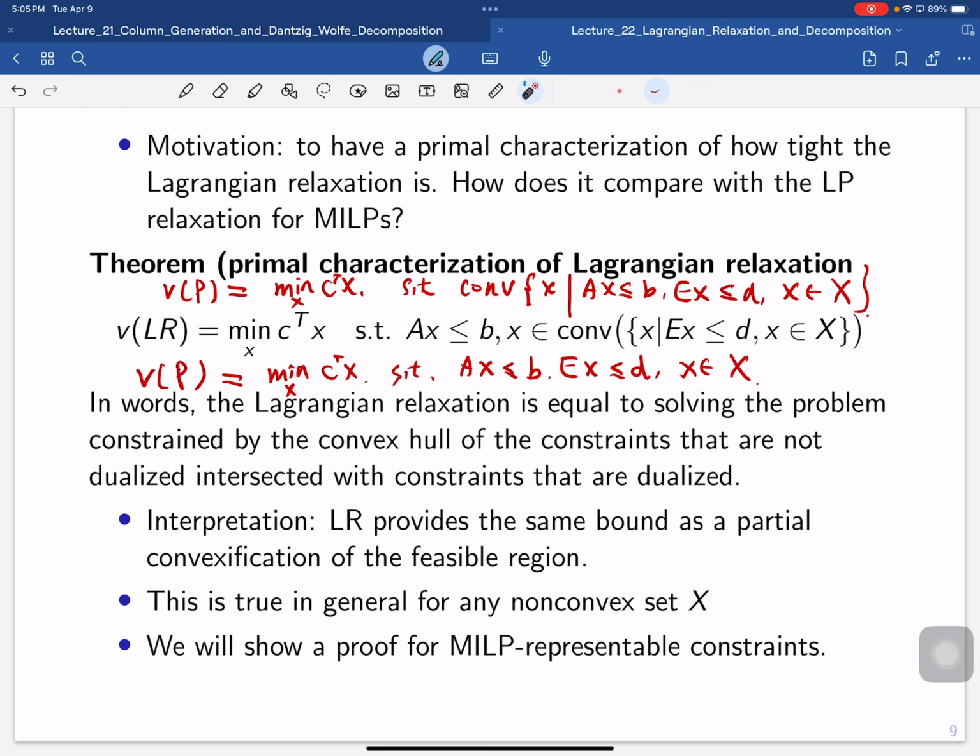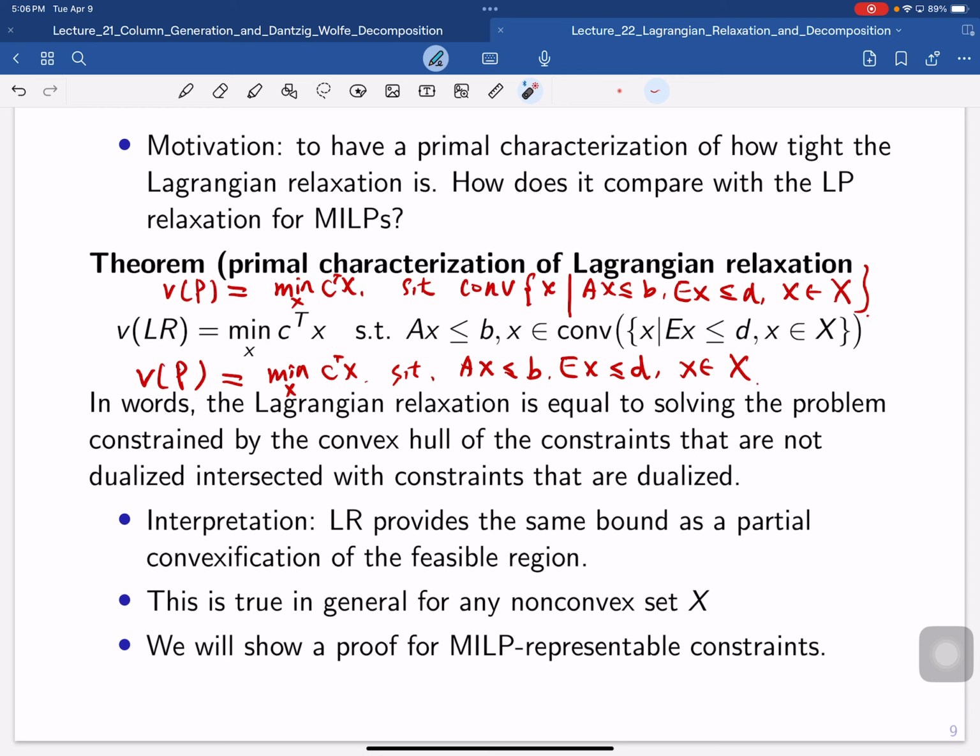Yeah, go ahead. So the objective function for the Lagrangian relaxation then, why doesn't it have the multiplier with the, I guess, the Ax minus b term? Oh, you mean, yeah, so that's why we call it a primal characterization. Right? It doesn't have to do with the dual. So you want to get a characterization of how strong the Lagrangian dual is without the dual variables. That's the motivation why we want to get this characterization.